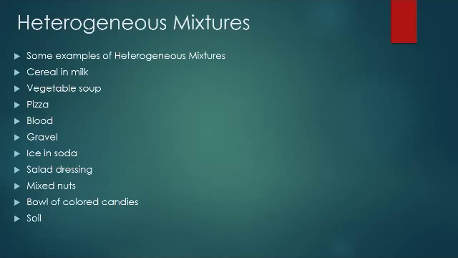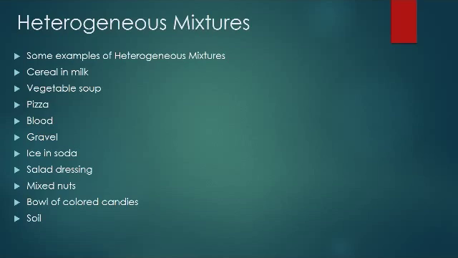Now some examples of heterogeneous mixtures. One, we have cereal in milk. Cereal can be rice in milk or maize in milk. In this type of mixture, you can actually pick one of the substances out from the other.